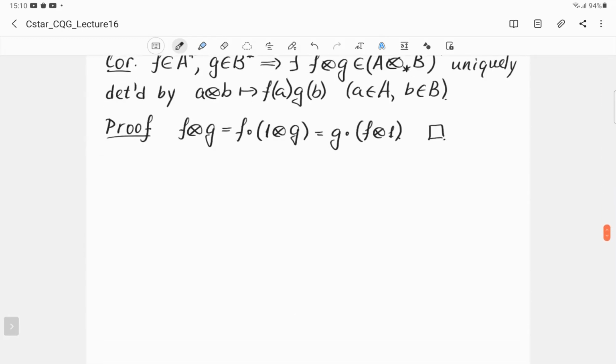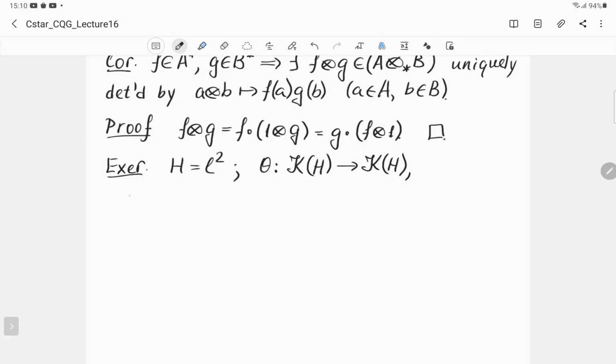So we have the following exercise. Let H be the infinite dimensional separable Hilbert space, and let's consider the so-called transpose map, theta, on K of H, which takes each operator T to T transpose, where T transpose is uniquely determined by the following formula.